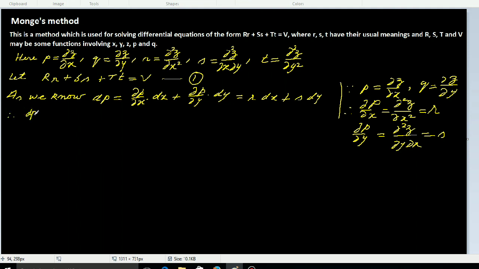So dp is equal to r dx plus s dy. Let it be equation number 2.